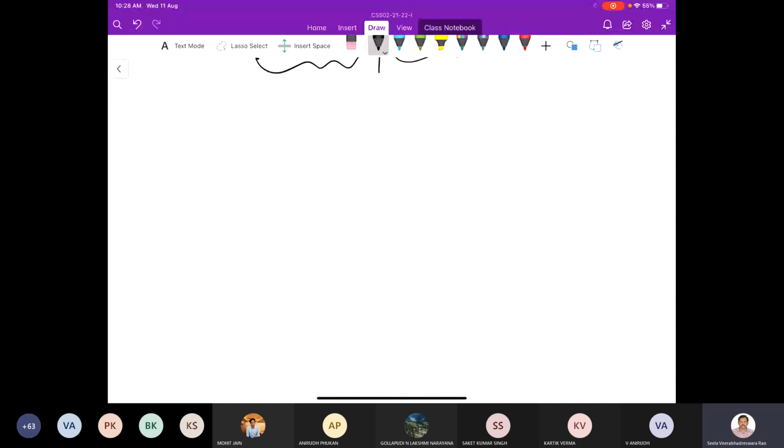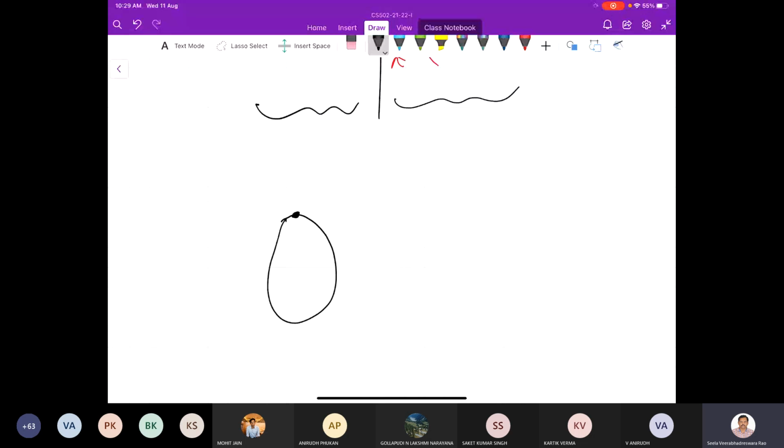Suppose let's take a point like this. Or instead of that, you can simply get away with these points. You take a convex hull like this, and here this is the topmost point.